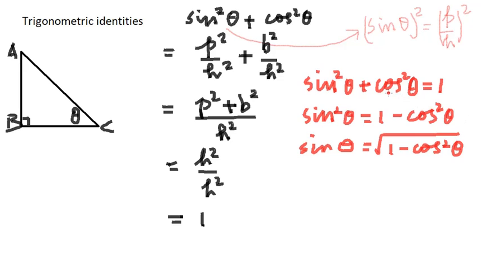Similarly, if we keep cos squared theta on the left hand side and we take sine squared theta to the right hand side, we will have cos squared theta is equal to 1 minus sine squared theta.